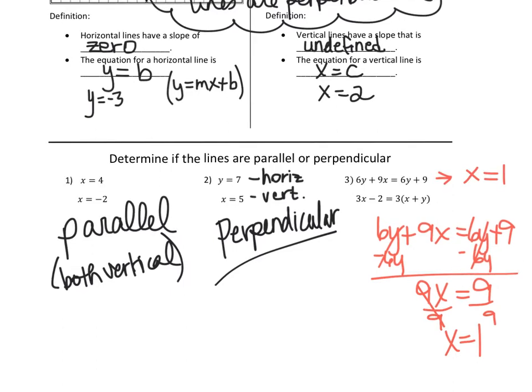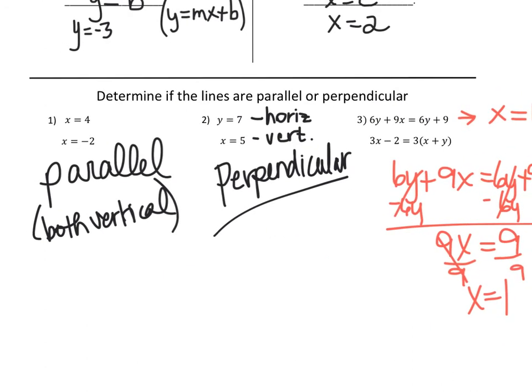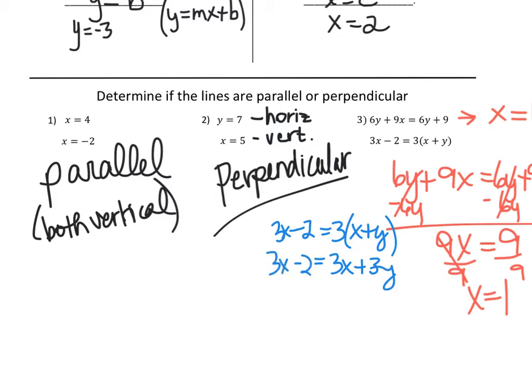Now let's do the second one. So that's 3x minus 2 equals 3 times x plus y. So we're going to distribute: 3x plus 3y, and 3x minus 2. Okay, so we only have y's over here, so let's get rid of everything else that's not next to the y.